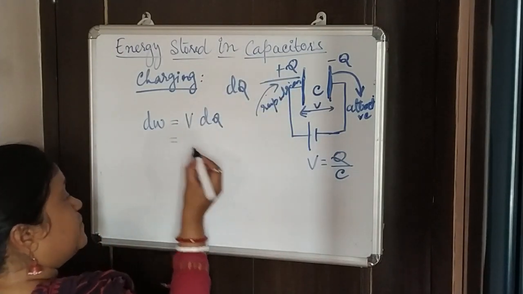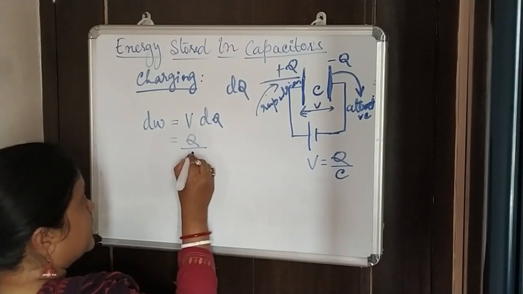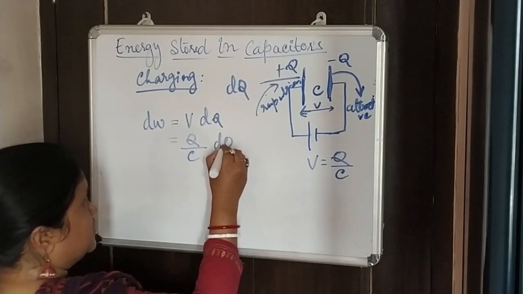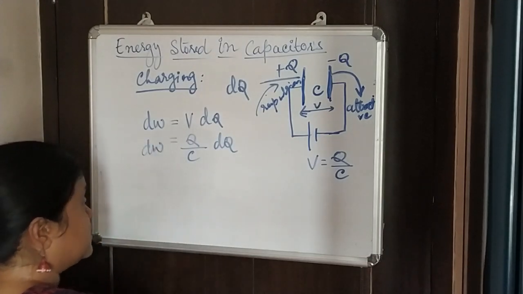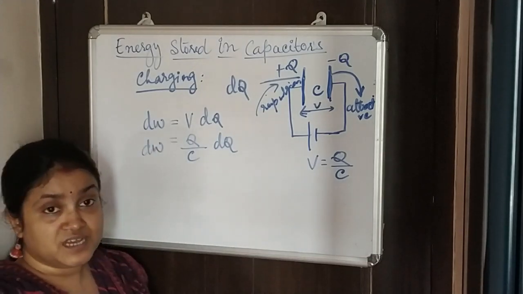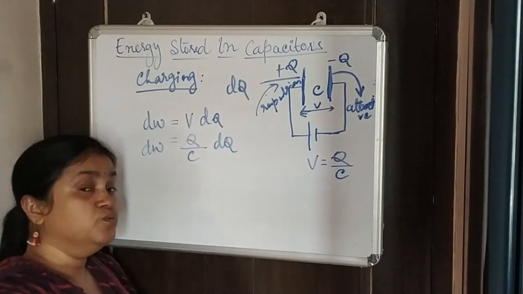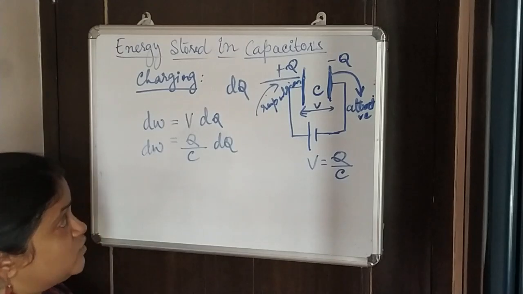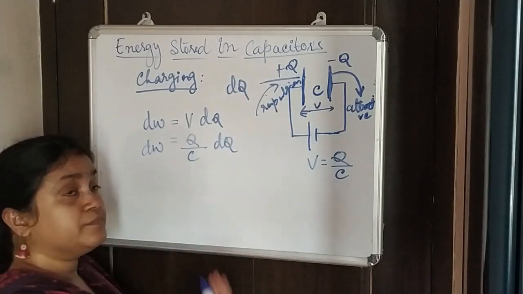Substituting, dW is Q by C into dq. This is the small amount of work done to store a little amount dq of charge.